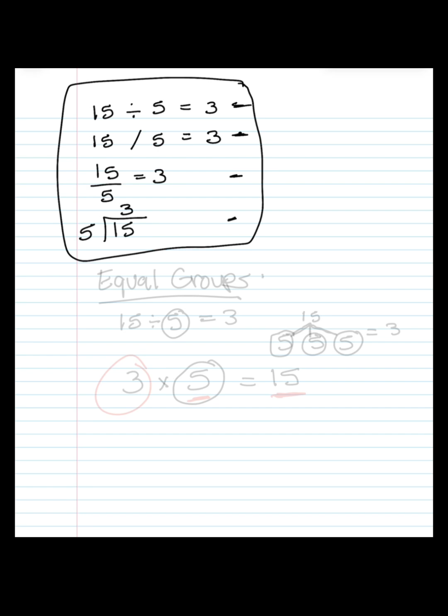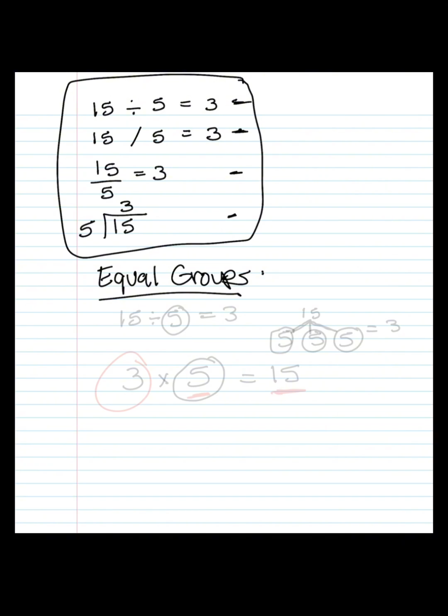So if you recall in a previous video, we talked about equal groups. You can also use equal groups drawings to solve division problems, just like we did with multiplication problems. So looking at the same problem, 15 divided by 5, you would look at the total.